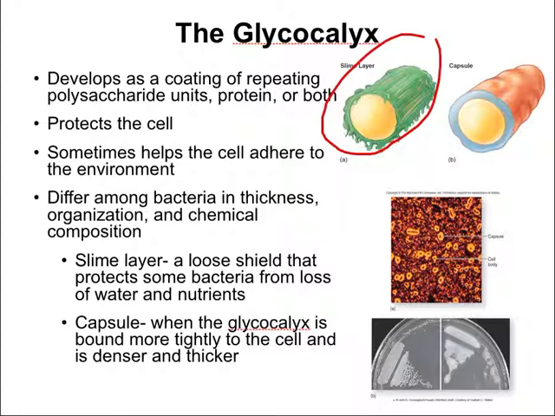And the slime layer is more of a loose shield, and it protects the bacteria from loss of water and nutrients primarily. Some bacteria form a capsule out of the glycocalyx. You can see that over here. The capsule is bound much more tightly to the cell and is much more dense and thick.